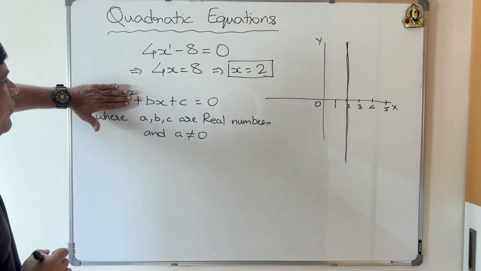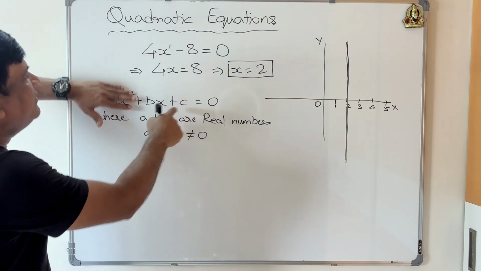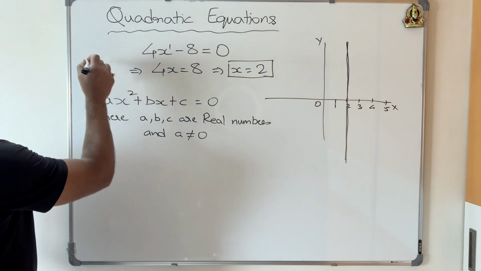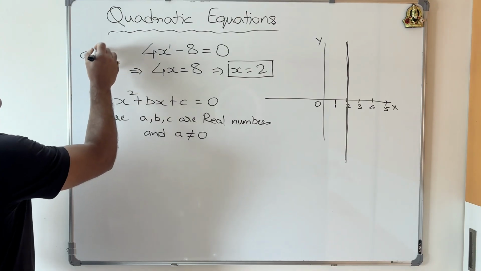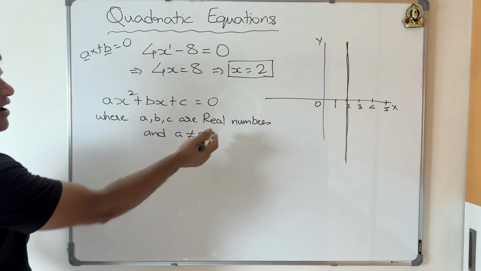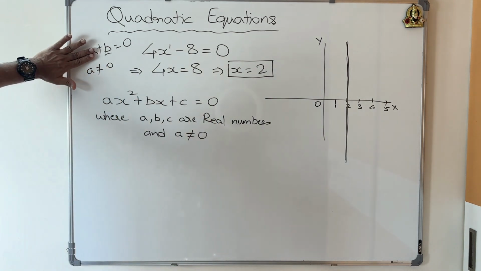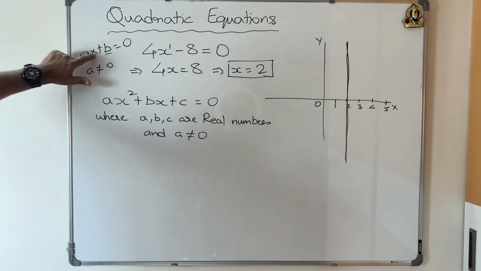A cannot be 0. If A becomes 0, this becomes a linear equation. Similarly, what is the general form of a linear equation? It is ax plus b is equal to 0. Again, A and B are real numbers and A cannot be equal to 0. If A becomes 0, this doesn't have any value, so you don't have the variable.